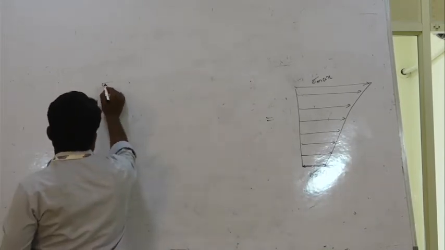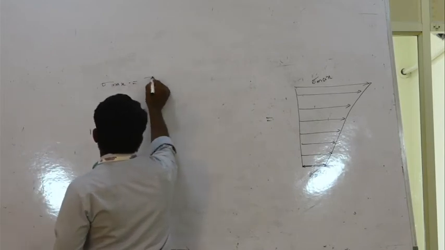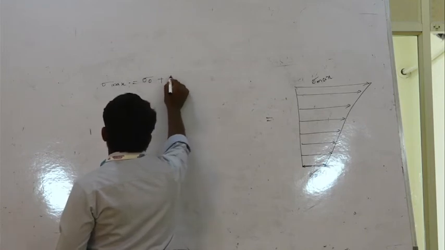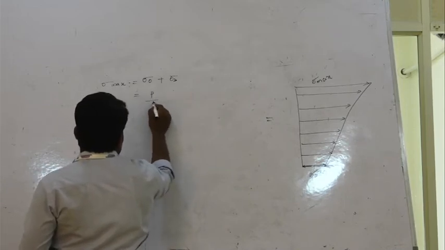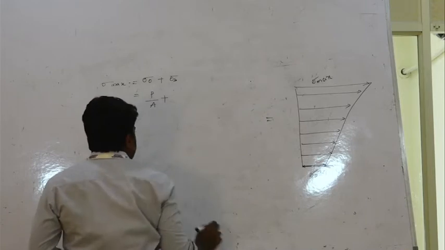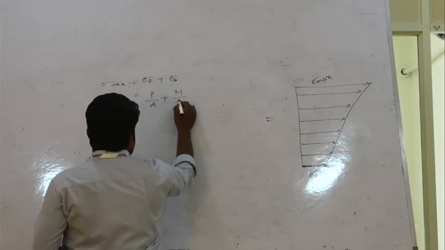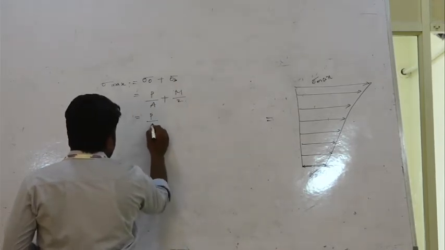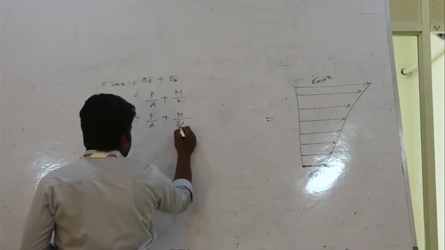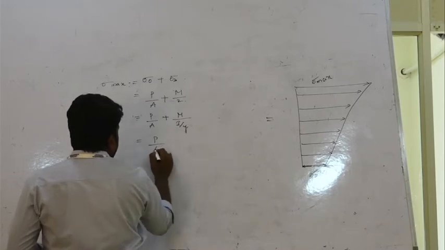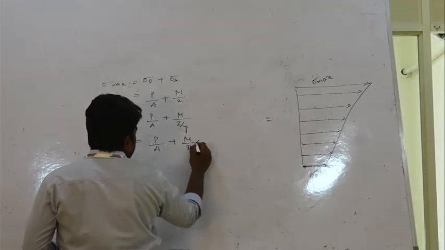We represent this in the form of equations: sigma max equal to sigma naught plus sigma b. Sigma naught is simply the load per unit area, plus sigma b, from the bending equation we already discussed, M by Z, simply P by A plus M by Z, that is M by I into y.